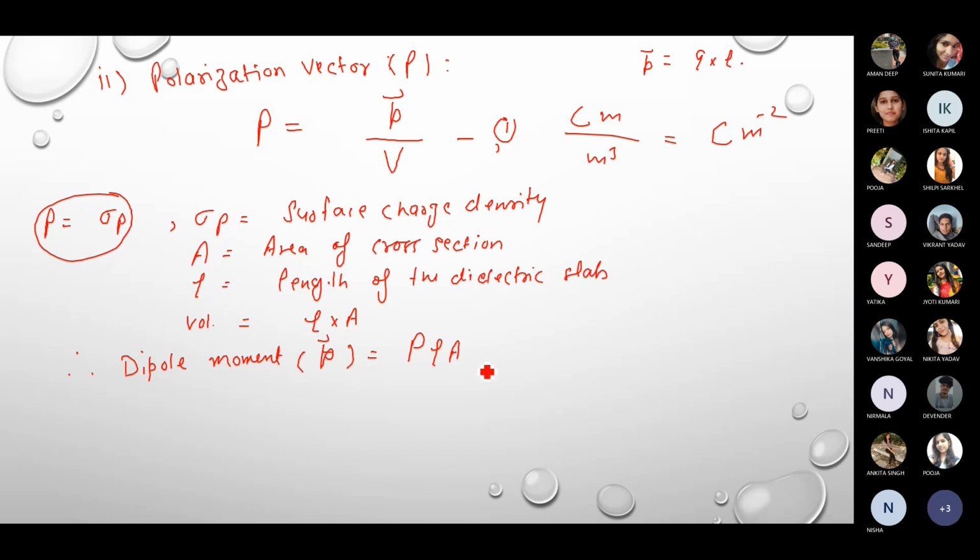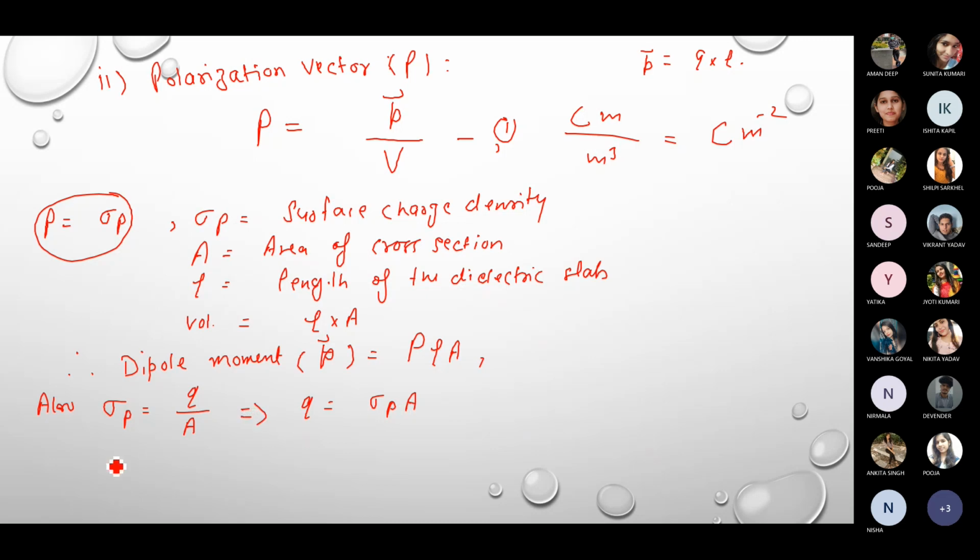Okay, so we also know that surface charge density sigma p is equal to charge per unit area, q upon a. Okay, it means q is equal to sigma p into a, right?